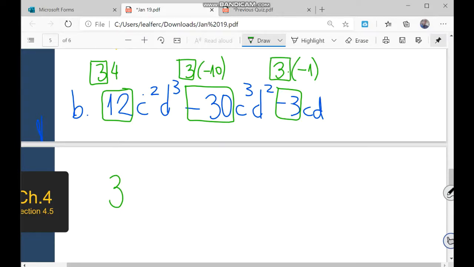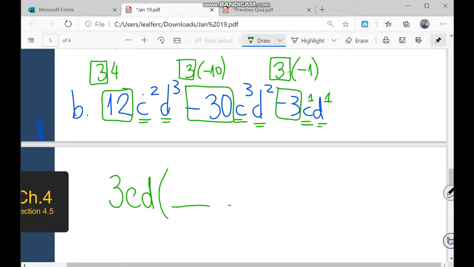Now check the variables. C squared, C cubed, and C with exponent 1. You will represent here the lowest exponent, C. Now the variable D: D cubed, D squared, and D with exponent 1. So represent here D exponent 1.